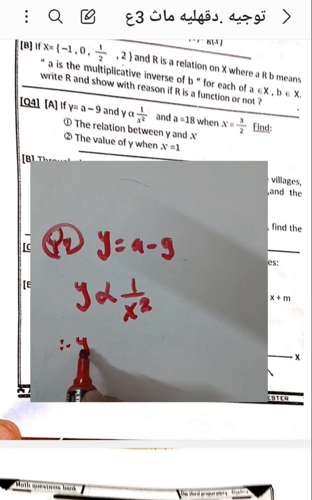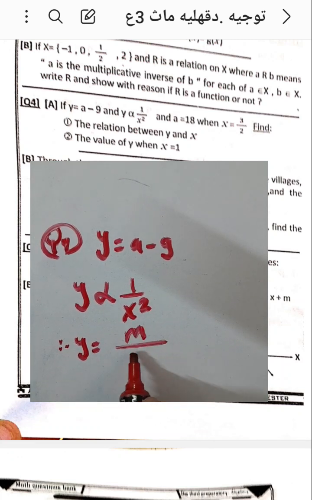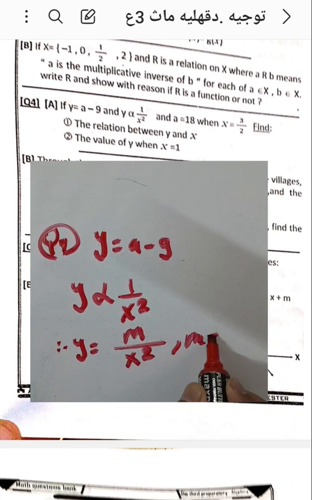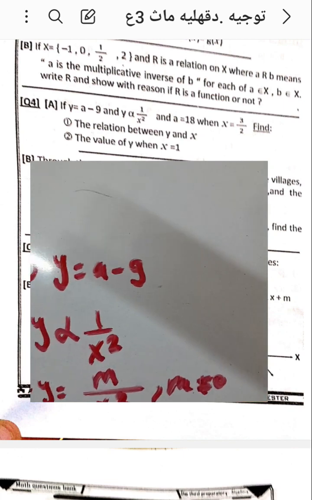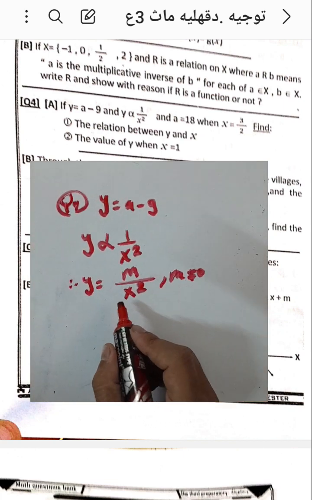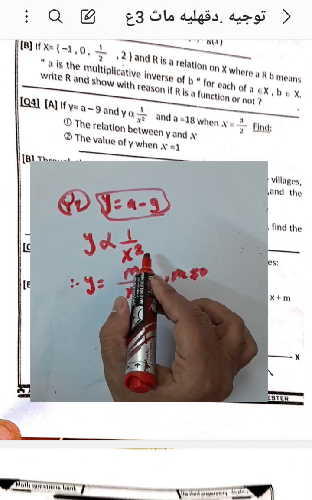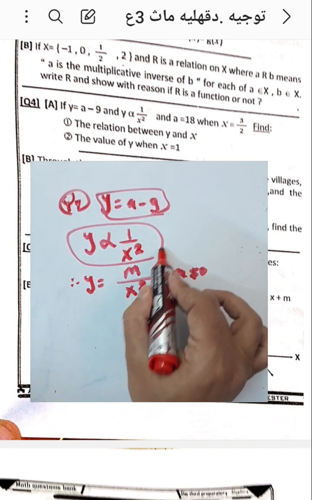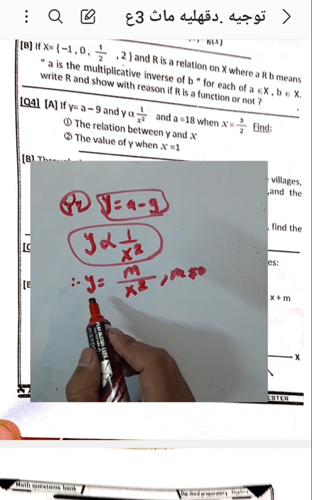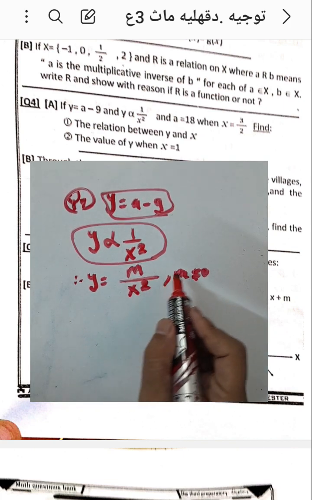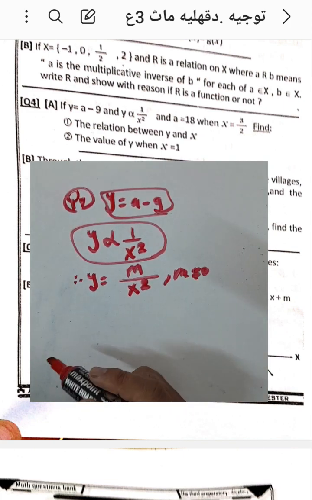Then y will be m over x power 2, where m does not equal 0.